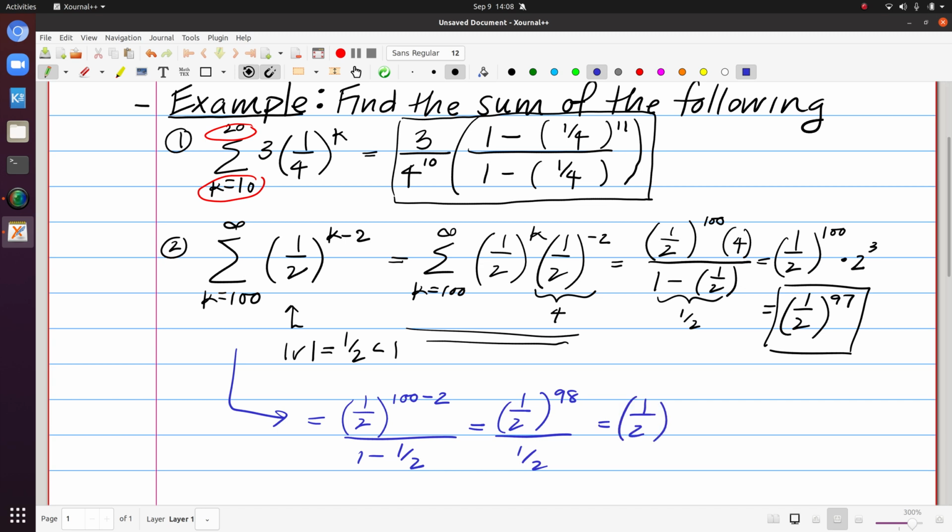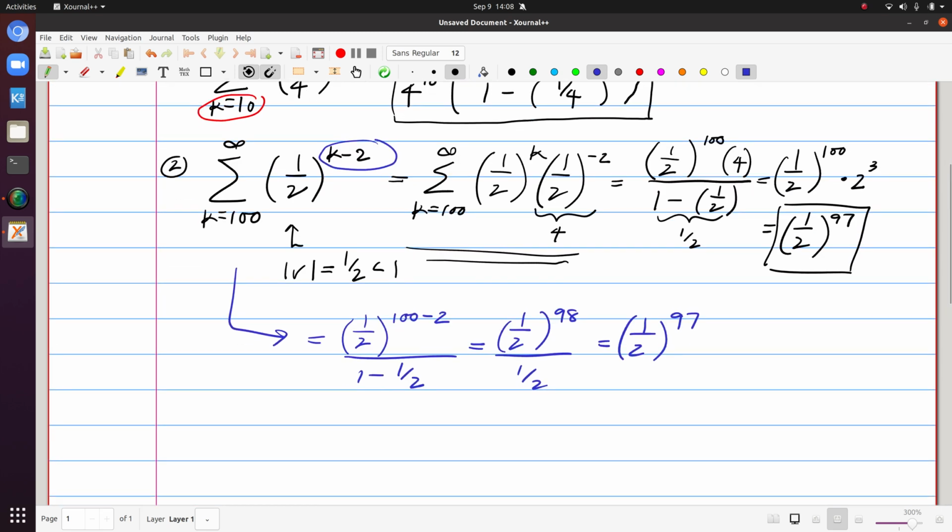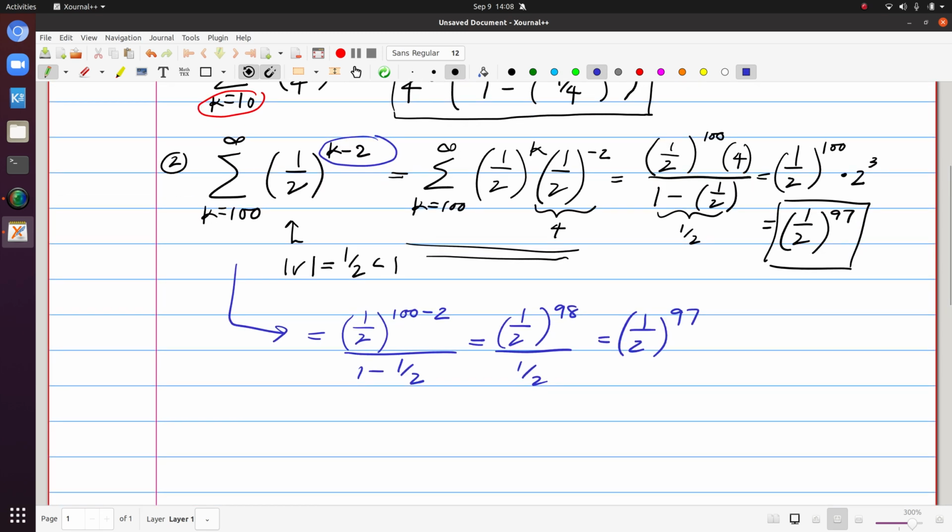It's 1/2 to the 97th. So the key thing here is essentially that if I have a constant raised to k plus or minus a constant, so having that kind of 1k in front, that's going to be geometric, and we really wouldn't have to separate those terms in order to use the formula. You could actually use it in the current way it's written.